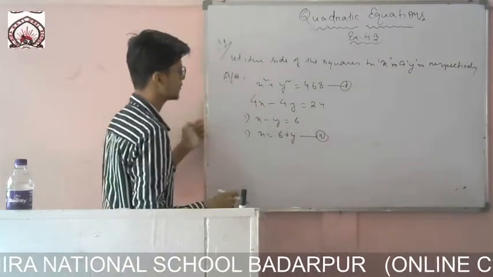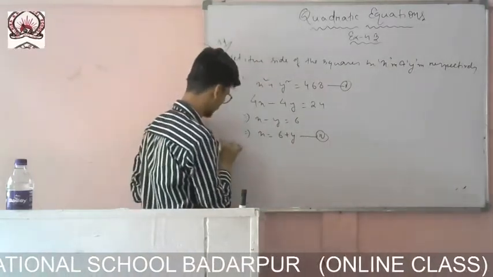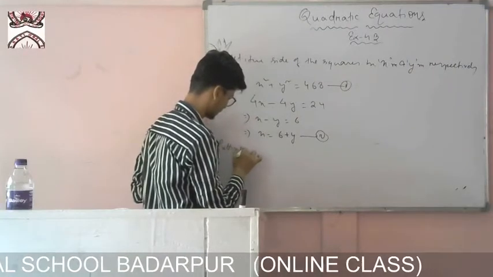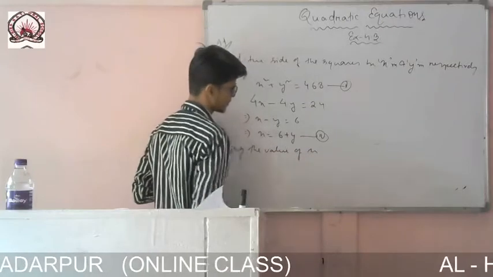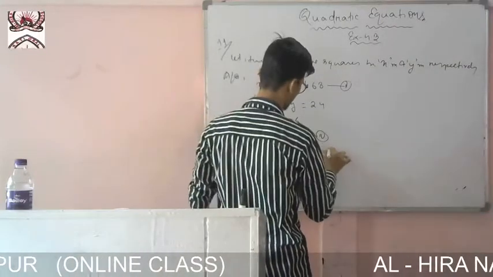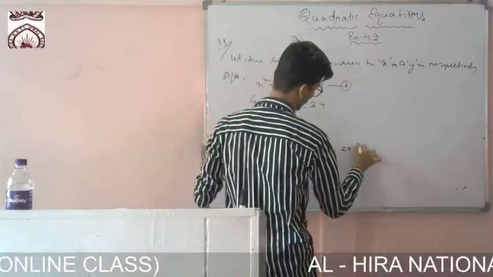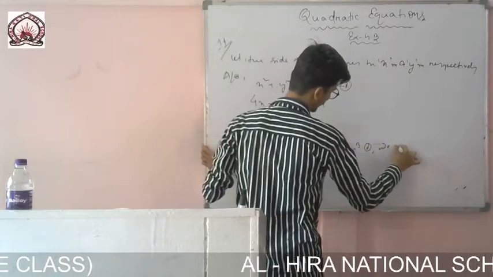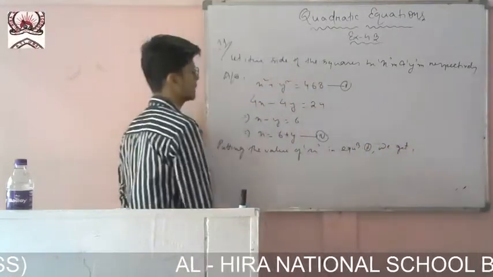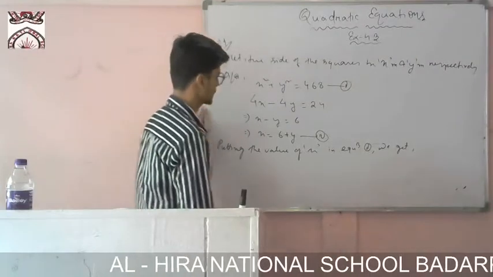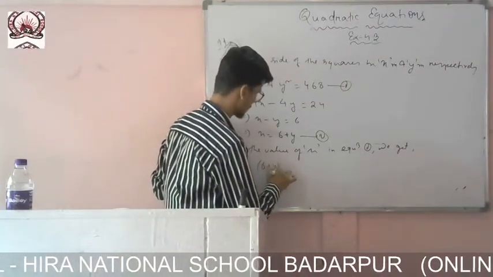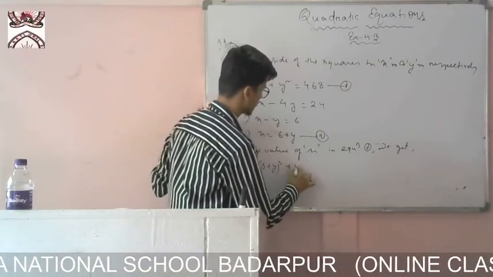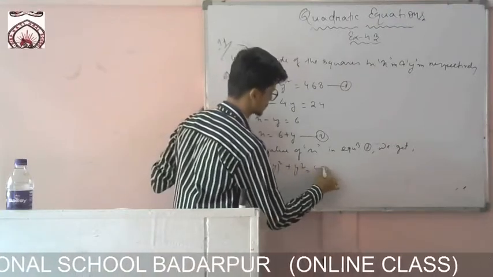Now putting the value of x in equation 1, where x equals 6 plus y, we get 6 plus y whole square plus y square equals 468.